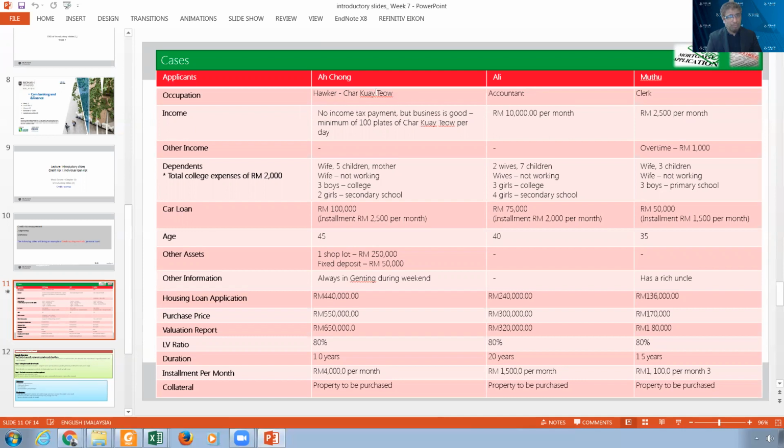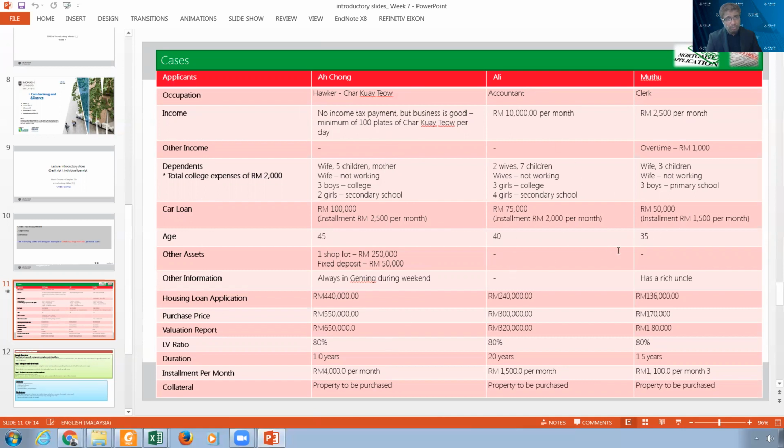So if you have 3 customers, Ishong, Ali, and Mattu, and you look at their information in terms of income, other income, car loans, age, and other assets, you will find many differences between each one.